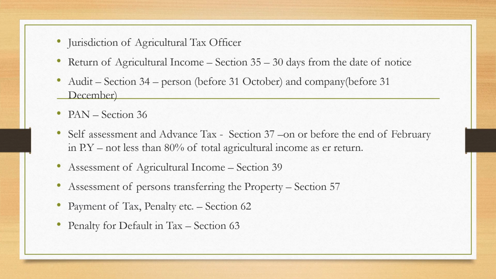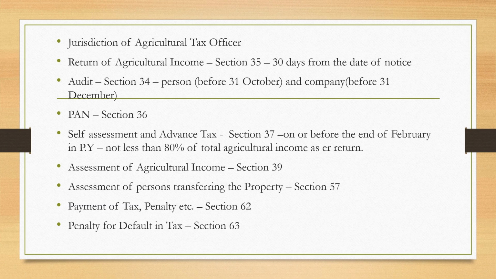When such a transfer takes place, the transferor and the transferee both are assessed to determine their share of the agriculture income with respect to that land. And when the transferor cannot be found, all his liability is shifted to the transferee and he shall pay the tax. But the transferee has a right to be indemnified by the transferor.